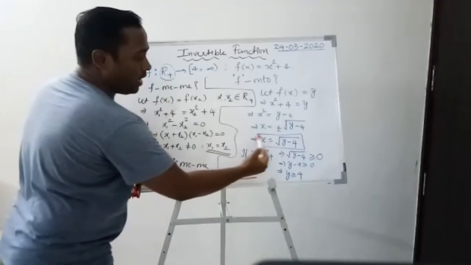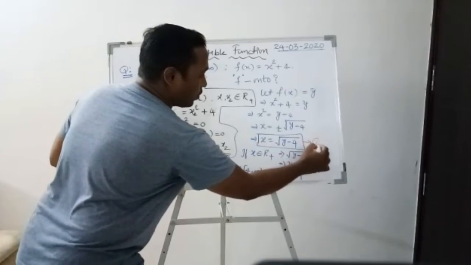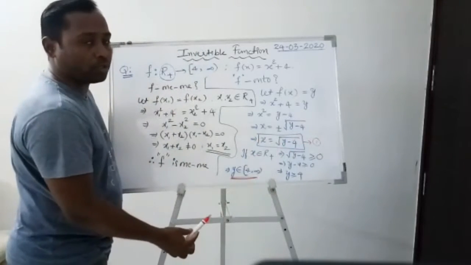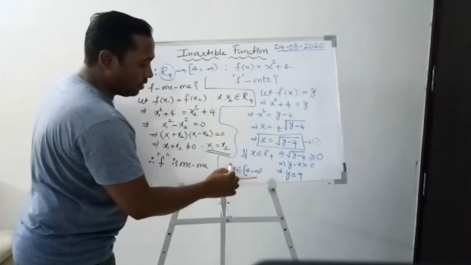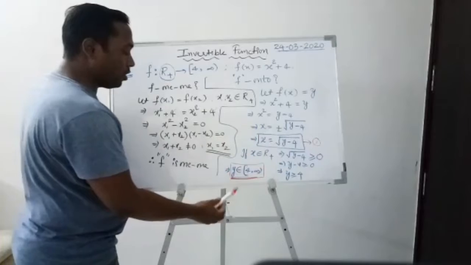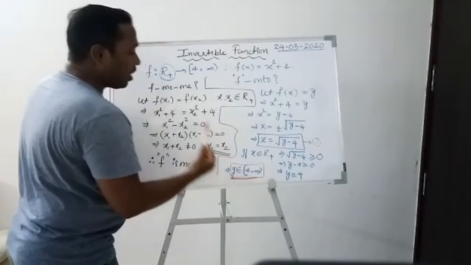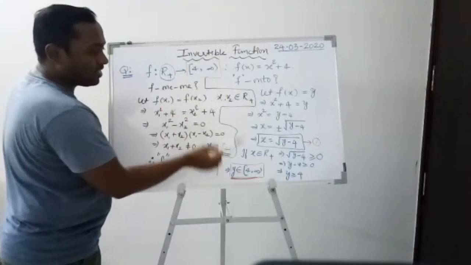So we are simplifying this equation. Let us assume this as 1. If we simplify the equation for finding the possible values of y, it means we are finding the range of the function. So if we observe the range of the function and the codomain of the function, both are same.